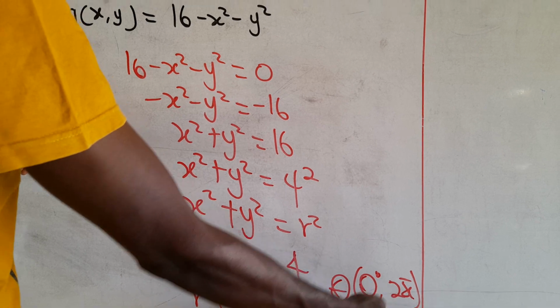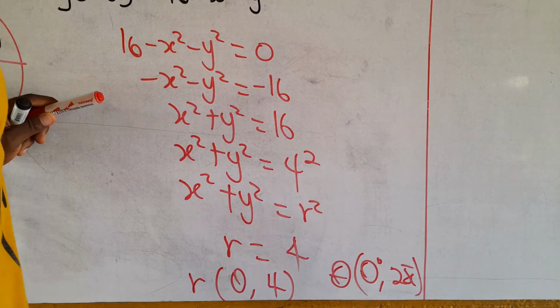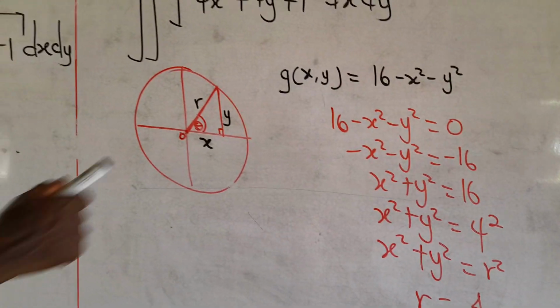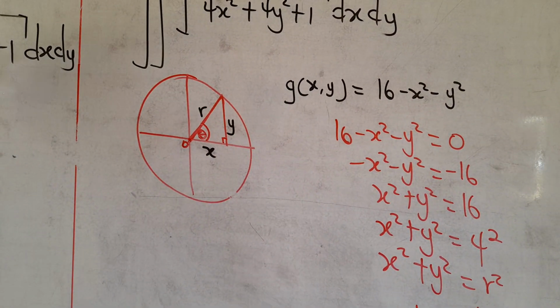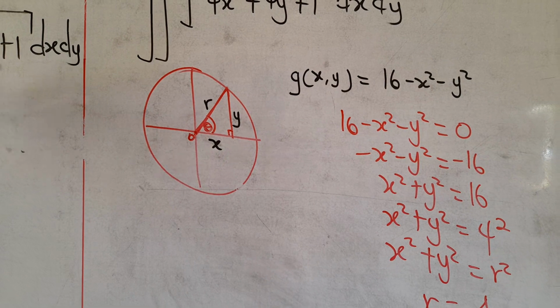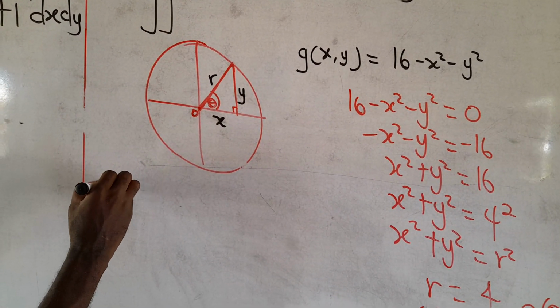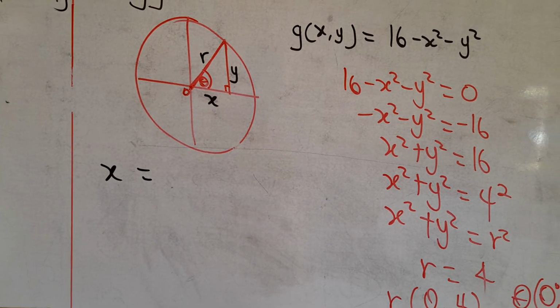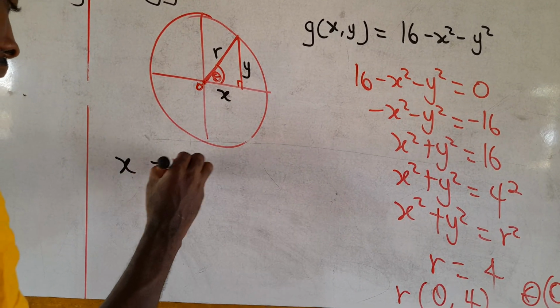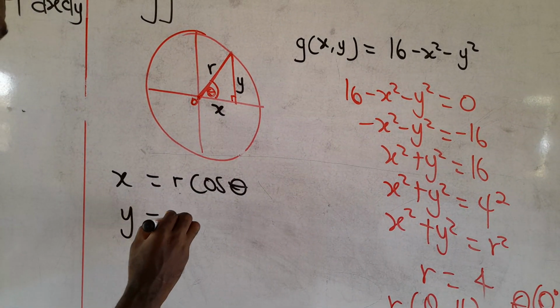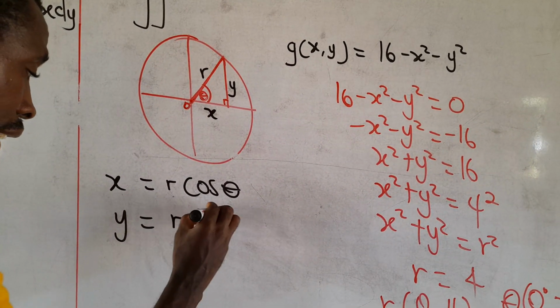A complete circle is 360 degrees, and that's 2 pi in radians. Also, there is a need to find the values of x and y in terms of r and theta. If you remember very well, x will be equal to r cos theta, and y will be equal to r sin theta.